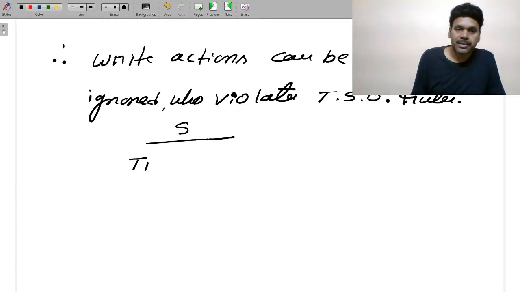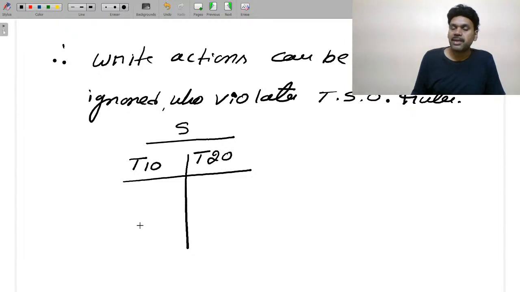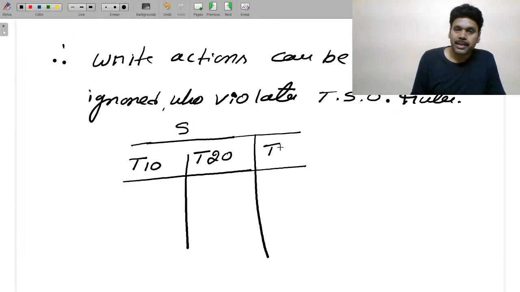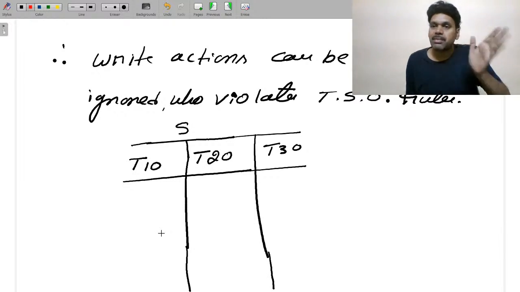There is S and T10 here and T20 here. Observe carefully. We are saying, please observe, friends, T30. Every time, n times write operations can be ignored.